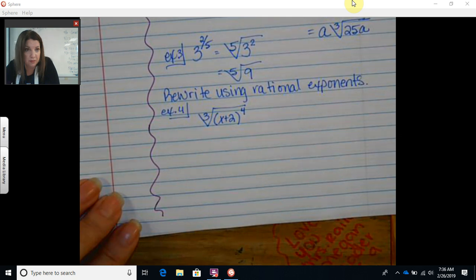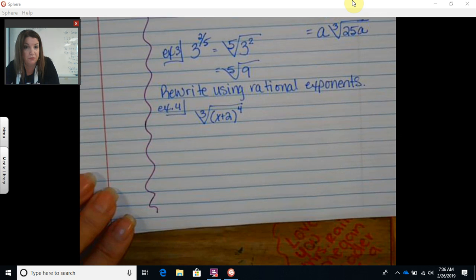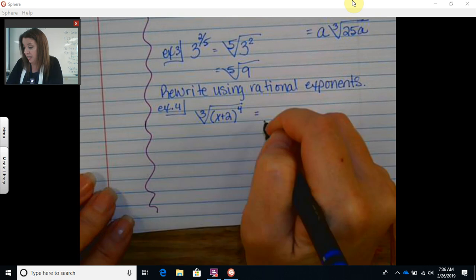Now I could actually simplify that because I have 4 factors of x plus 2. I only need 3. But that's not what it asked me to do. It just said rewrite using a rational exponent. Okay? So I'm going to go from radical form to a base with a rational exponent. So what's my base going to be? X plus 2.